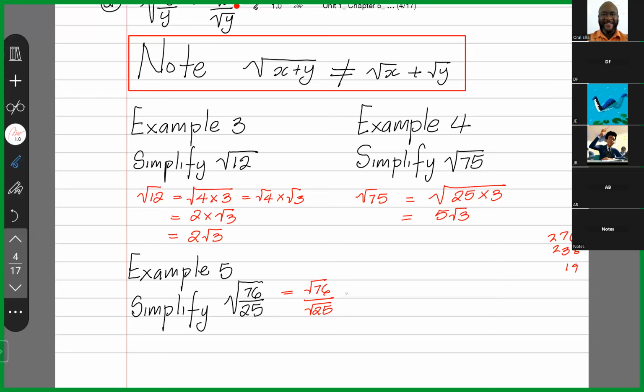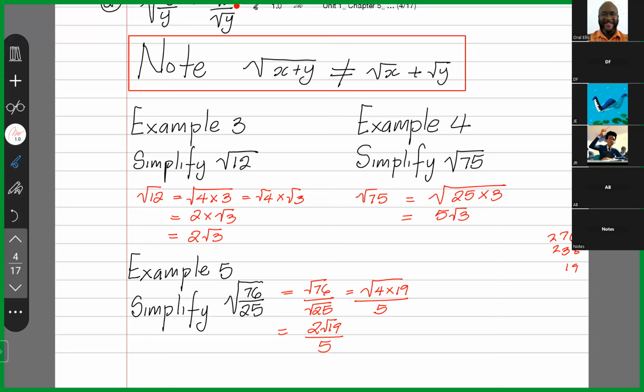All right. This looks like it is saying the root of 4 times 19 over the root of 25, which is 5. So our final answer is going to be the square root of 4 is 2. 2 root 19 over 5.